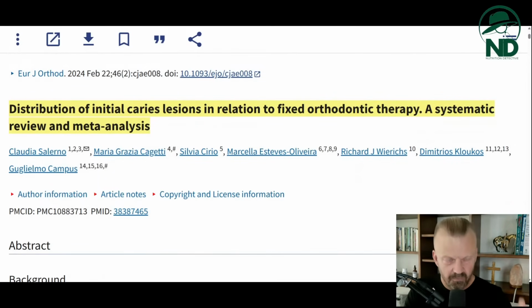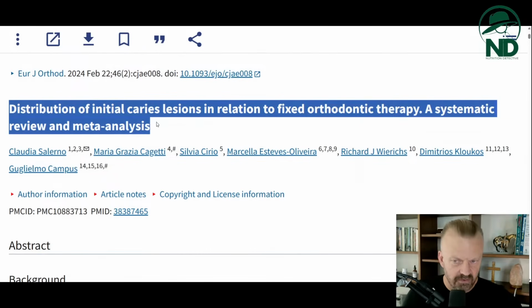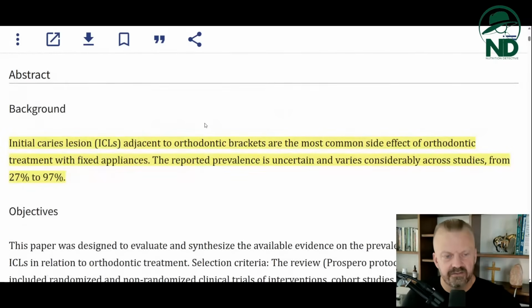I mean, you may have been terrible about brushing your teeth, but most people who are terrible about brushing their teeth while they have braces were terrible about brushing their teeth before they had braces. It's kind of a habit, right? So, 2024, the distribution of initial caries, that's cavities, lesions, in relation to fixed orthodontic therapy, that's braces, a systematic review and meta-analysis.